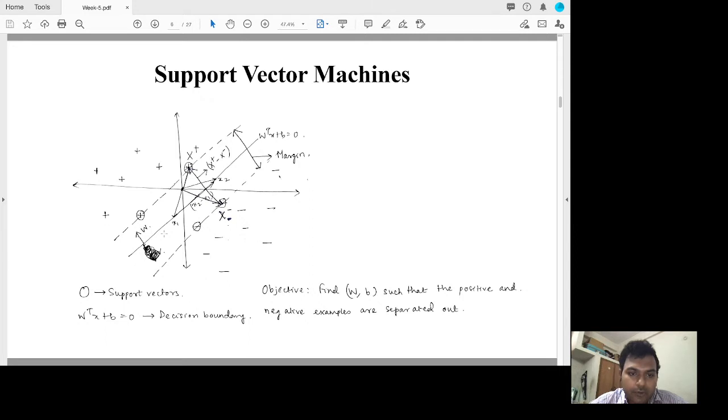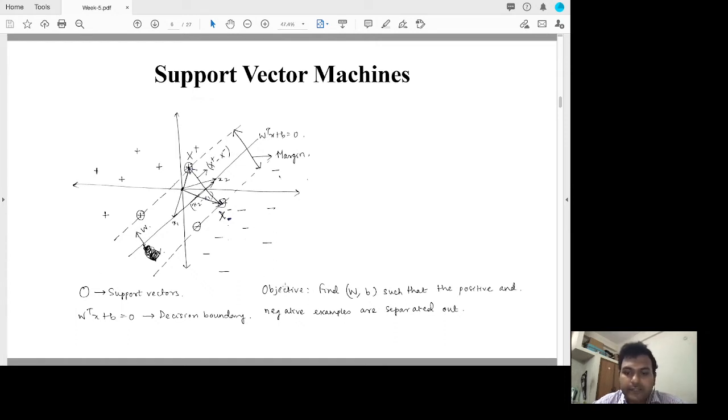Here there are 4 circled points, 2 on the positive side and 2 on the negative side, and these are called the support vectors. Although they are just points, they are said to be support vectors. This is the way people have been naming this. These are the support vectors, the 4 points here, and W transpose x plus b is my decision boundary. This is the decision boundary that we have to find out.